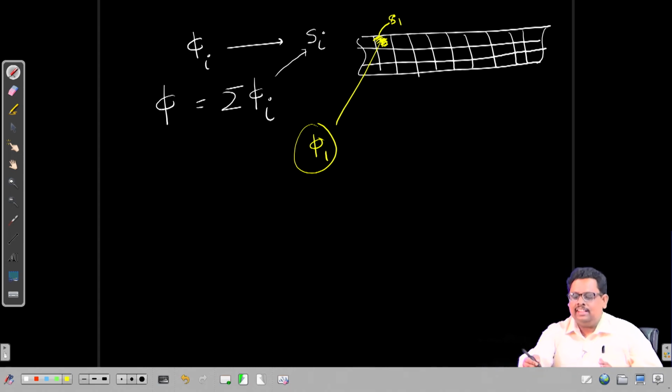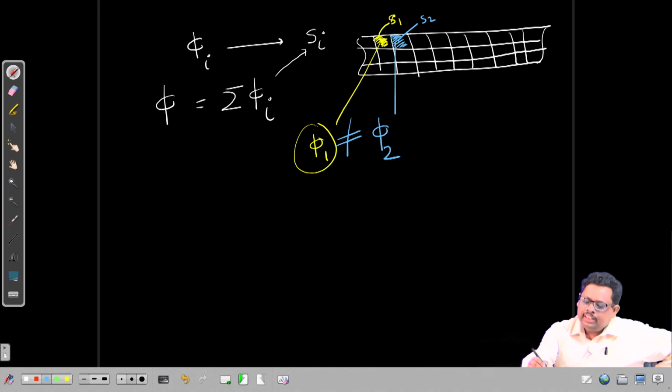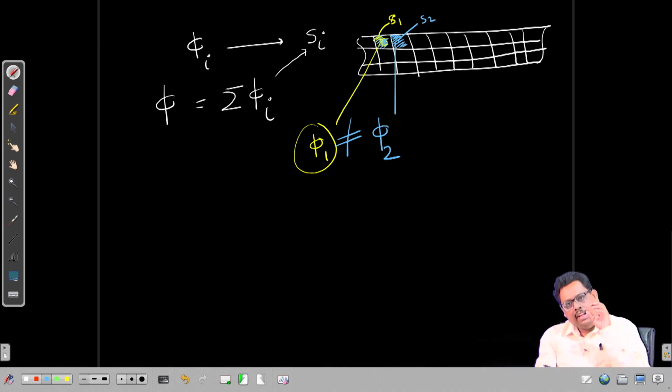However, just next area, let us make it in order. Maybe this one is the second area S 2 and the value here is called phi 2. Now, this phi 1 is not equal to phi 2. However, in the whole area S 1, everywhere the velocity potential is phi 1, and this is called the constant panel method. It means that for a particular area phi is constant, for a different area phi is different.